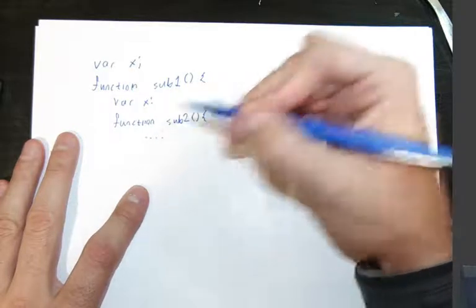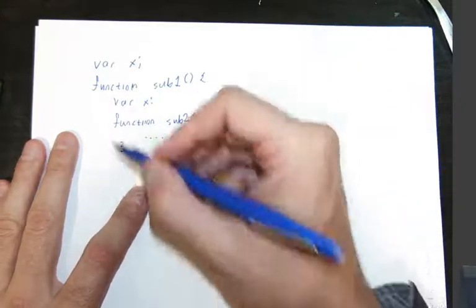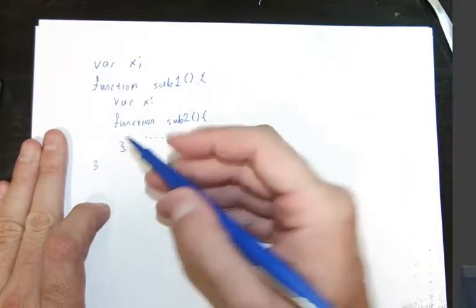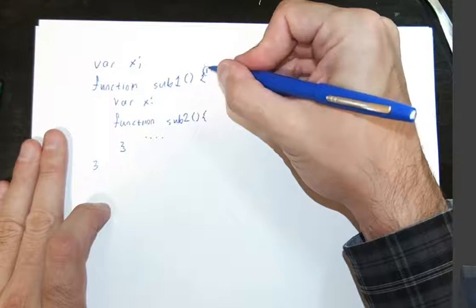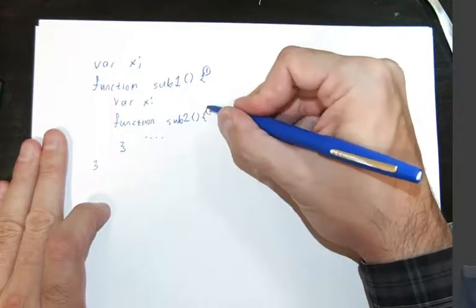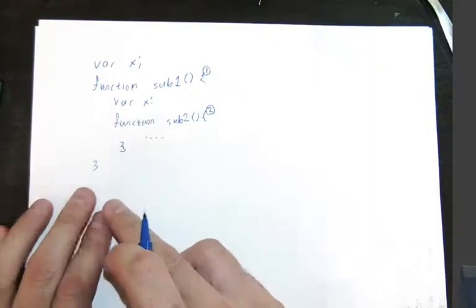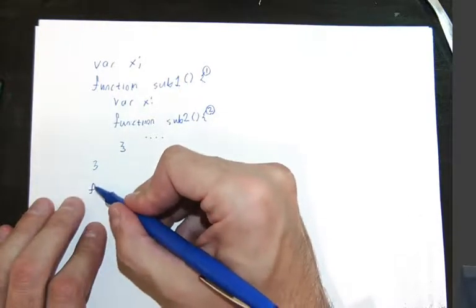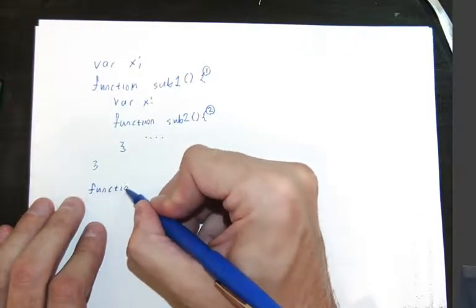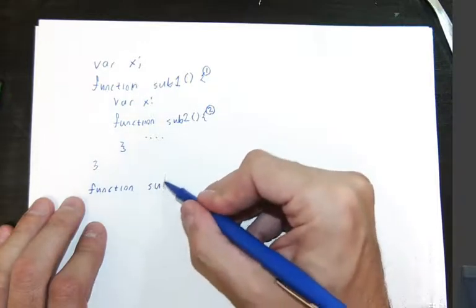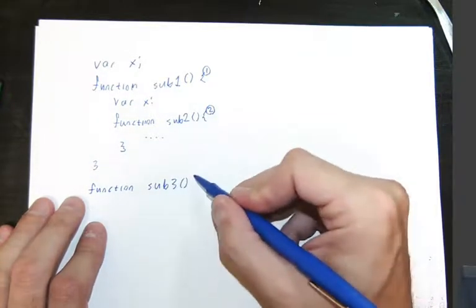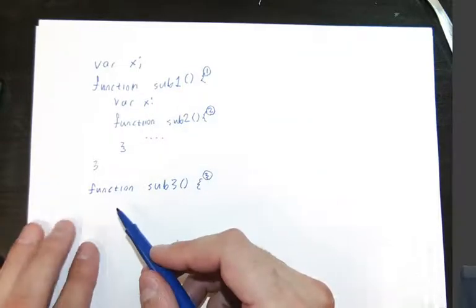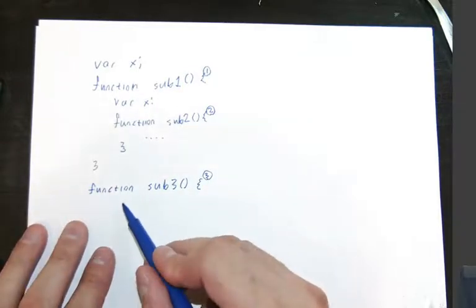And then it has something which we don't care what it is. And then we end this curly brace. I'll just call that curly brace number 1 and that curly brace number 2. And finally, after that, we have another function called sub3 with its own curly brace, and I'll just put the word 3 above it, just so I can keep track of all of those little blocks.